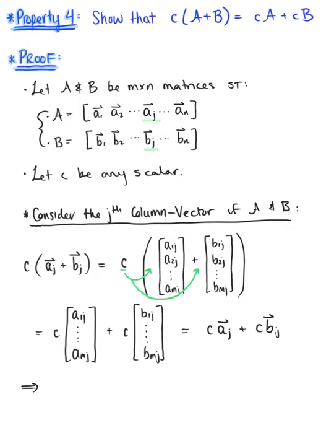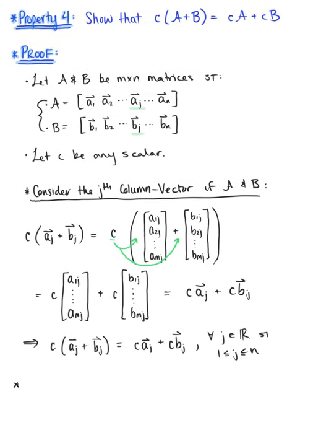So what we have shown is that the scalar multiple C multiplied by the sum of the jth column vector of matrix A plus the jth column vector of matrix B is equal to the sum of the scalar multiple C multiplied by the jth column vector of A plus the scalar multiple C multiplied by the jth column vector of matrix B. And this is for all real numbers j, such that j is greater than or equal to 1, less than or equal to n.